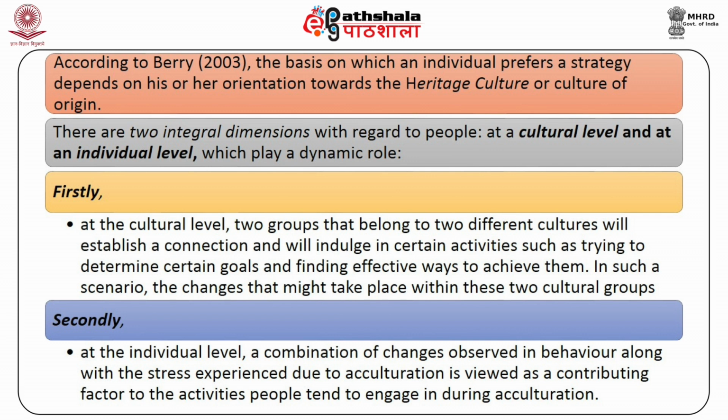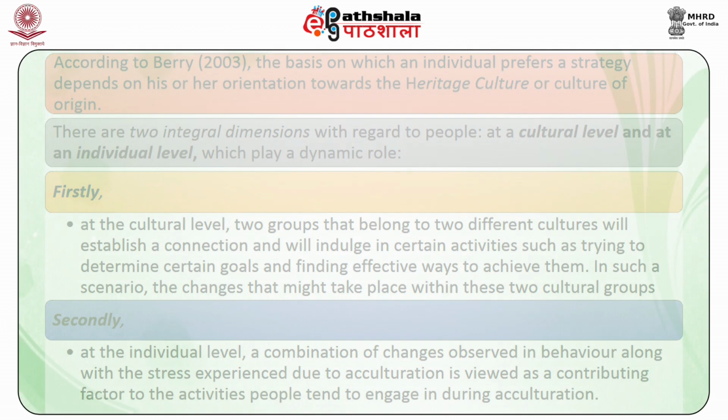In such a scenario, the changes that might take place within these two cultural groups would be as a result of the influences of different acculturation strategies. Secondly, at the individual level, a combination of changes observed in behavior along with the stress experienced due to acculturation is viewed as a contributing factor to the activities people tend to engage in during acculturation.